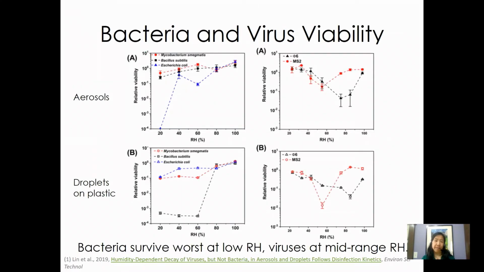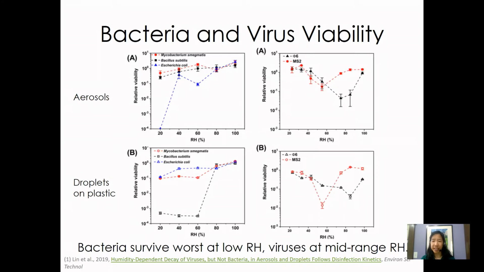And now humidity has a large effect on the viability of bacteria and viruses that are in the air. So the top figures here show aerosols. The left panels show bacteria, three different types of bacteria. And these are representative of things that we're concerned about as human pathogens. And you can see that the relative viability is lower at low humidity.